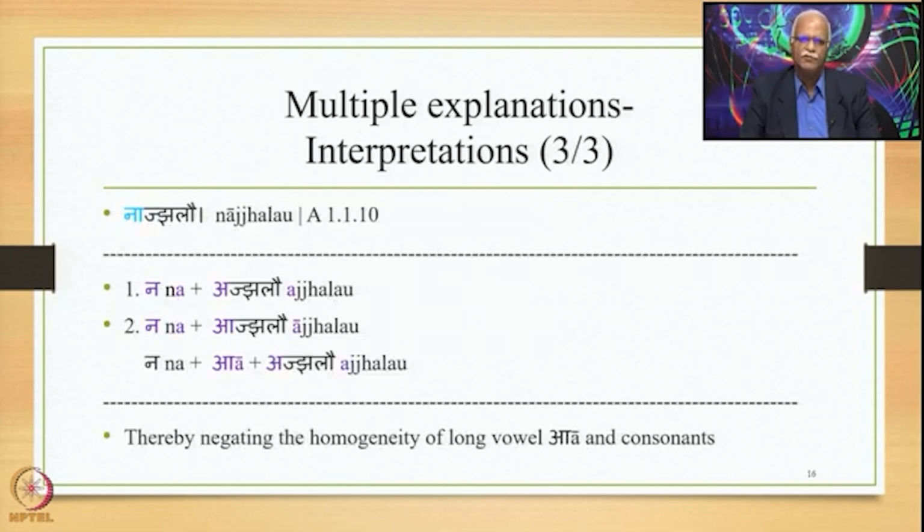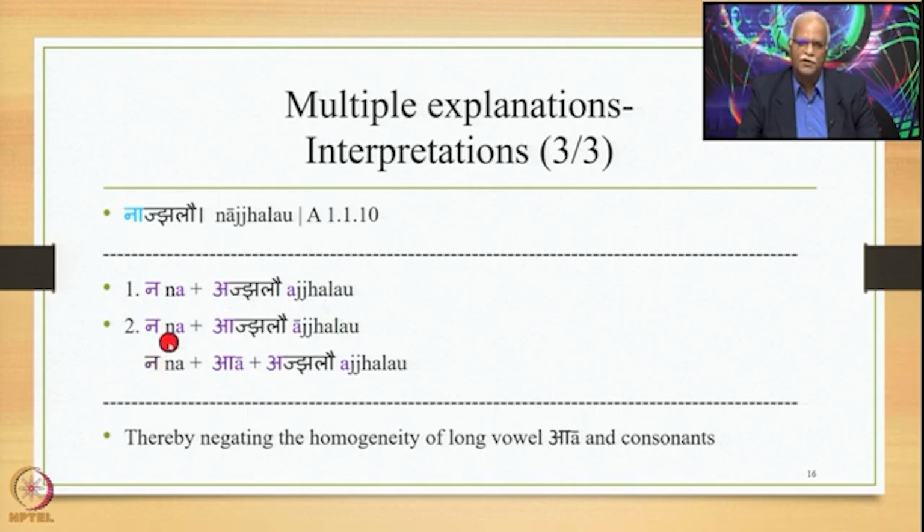And we have an example within grammar, namely the Sutra Najjalau, and how the later Paninian grammatical tradition splits this na, especially a, into two constituents. Generally, we would assume that Najjalau can be split into na plus ajjalau.